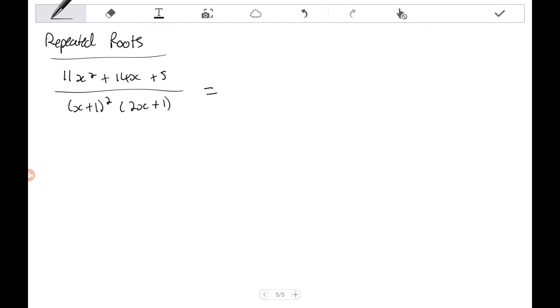All that happens here is you have, just as you had before, x plus 1 and 2x plus 1, but you now have an extra one, which is the x plus 1 squared. That's the only difference, and then you follow just as you did before, and you can work out what a, b, and c are, just like before.